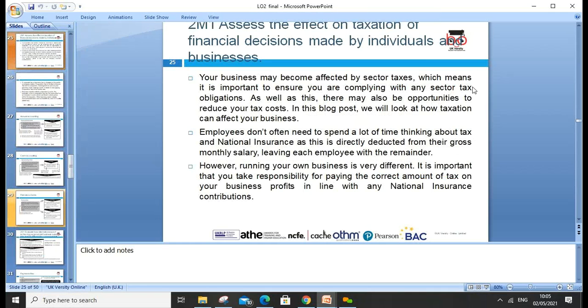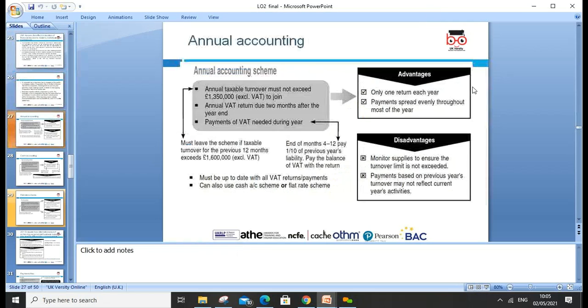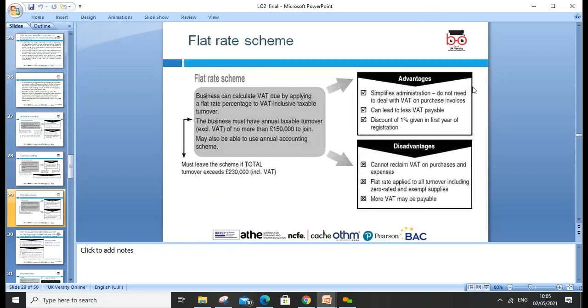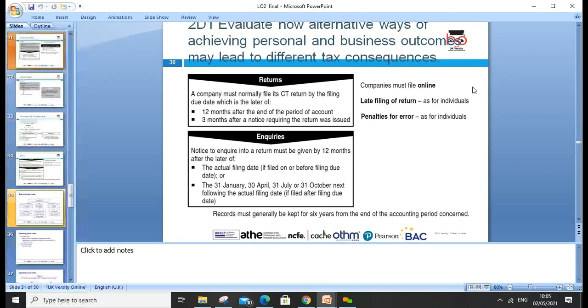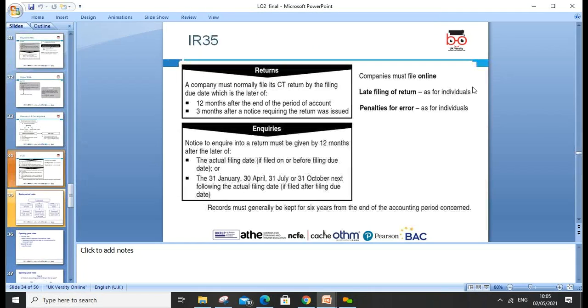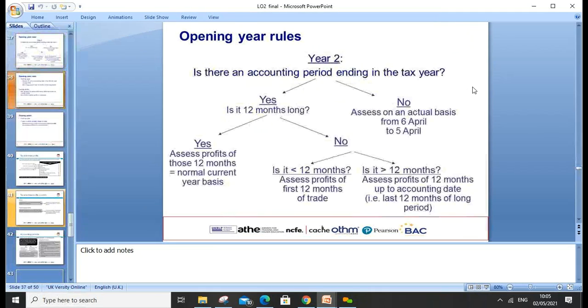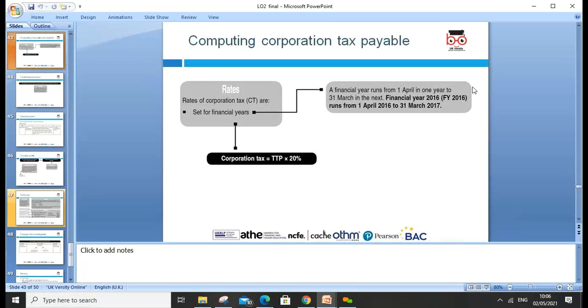We discussed assessing financial decisions and the impact on the individual when we do tax planning. Annual accounting, cash accounting, various return schemes we discussed under the VAT return, and then we evaluated corporation tax, late filing and payments. So that was the last lesson.